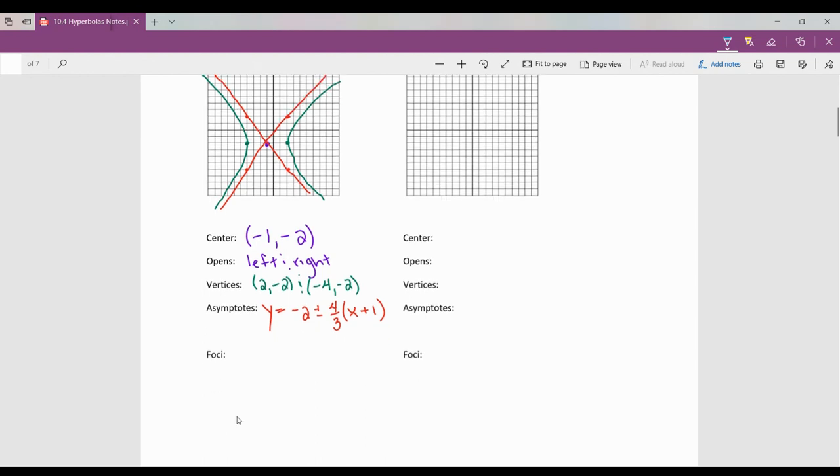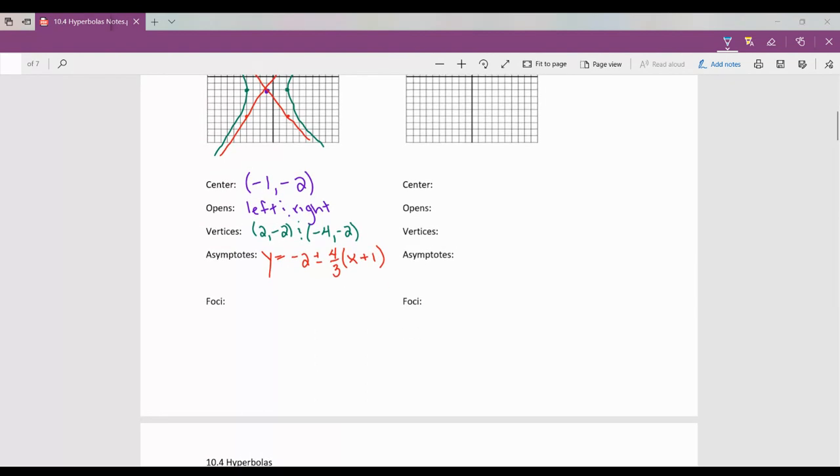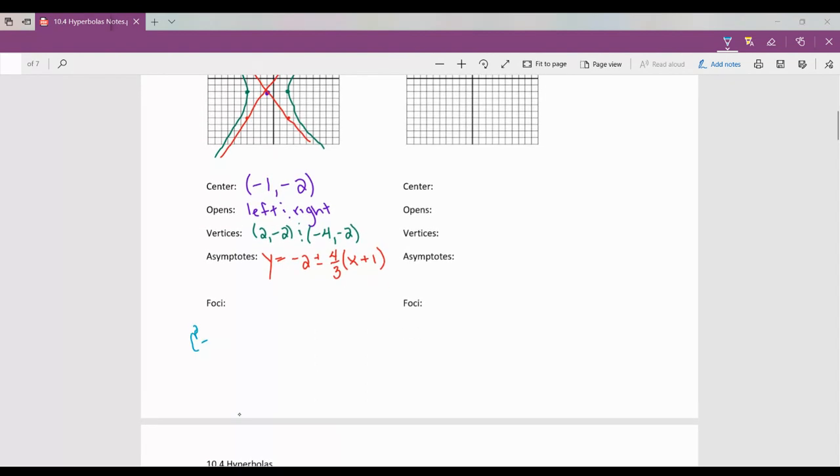So for my foci, c squared equals a squared plus b squared. So 9 plus 16. So c squared equals 25, so c equals 5. That means I'm going to go left and right once again from my center 5. So 1, 2, 3, 4, 5 for one focus.